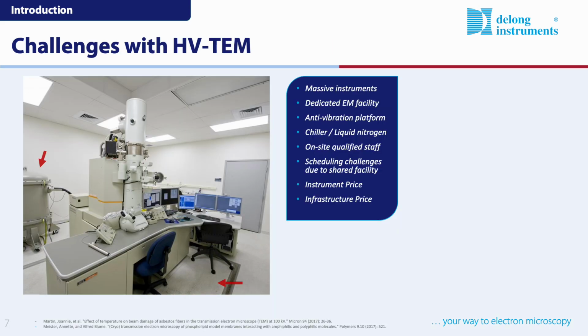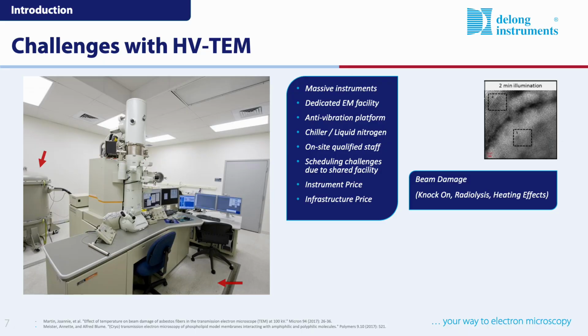Now let's take a moment to look at some of the challenges that come with using high voltage TEM systems. These instruments are massive and typically require a dedicated electron microscopy facility. That means specialized infrastructure, an anti-vibration platform, a chiller or liquid nitrogen supply, and an on-site staff to keep everything running smoothly.